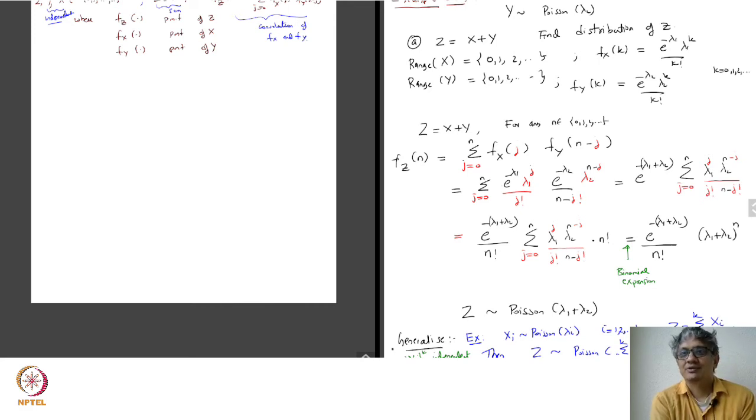You took Z equal to X plus Y, and then you get that Z was Poisson lambda 1 plus lambda 2. And one can generalize this. If you have k random variables, all Poisson, and they're mutually independent, then the following fact also is true.